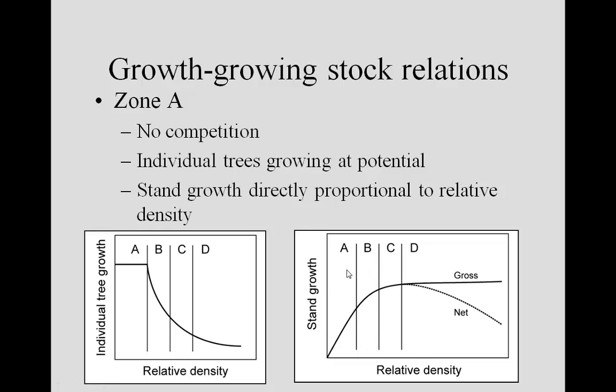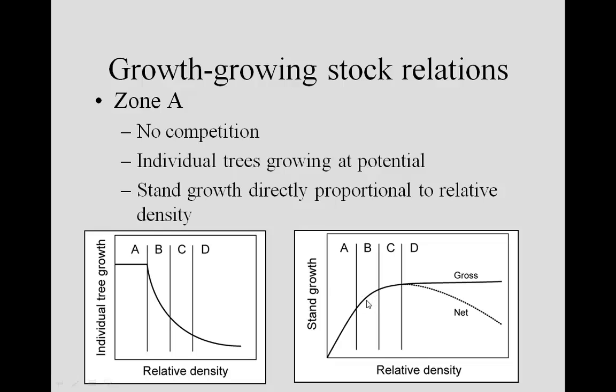But you notice the way that this figure's grown, that it's not a linear increase as we go from one plot to the next. If we were to extend this line straight out, you'll see that this is increasing with increasing relative density. It's increasing at a decreasing rate. So there's this curve.